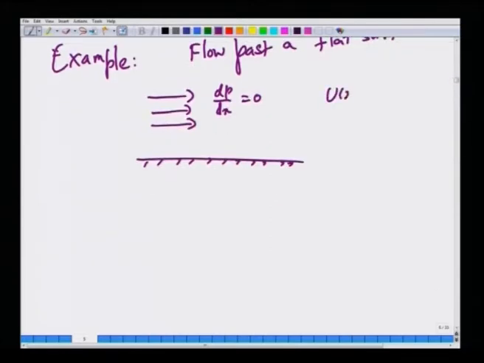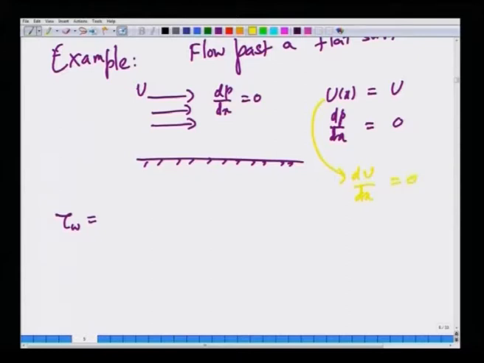So, U of x is a constant velocity U independent of x, and dp dx is 0. These are the two conditions. So, tau w essentially becomes, since U of x is capital U, dU dx is 0.